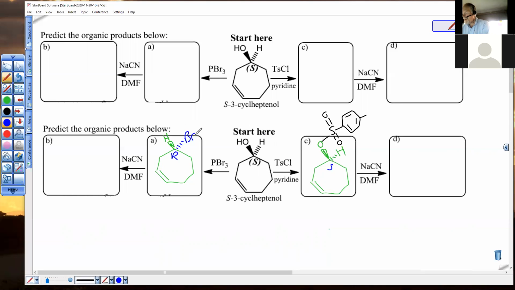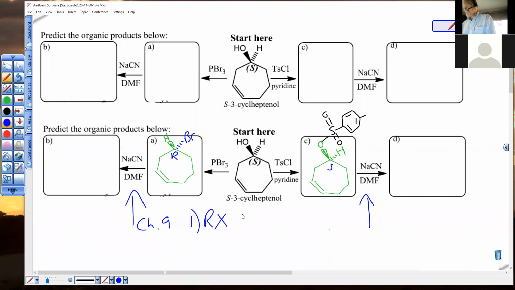Br minus is the conjugate base of HBr, a strong acid. OTs minus is the conjugate base of HOTs, which makes OTs minus an excellent leaving group. So in both analyses, here and here, we have come full circle to chapter 9.